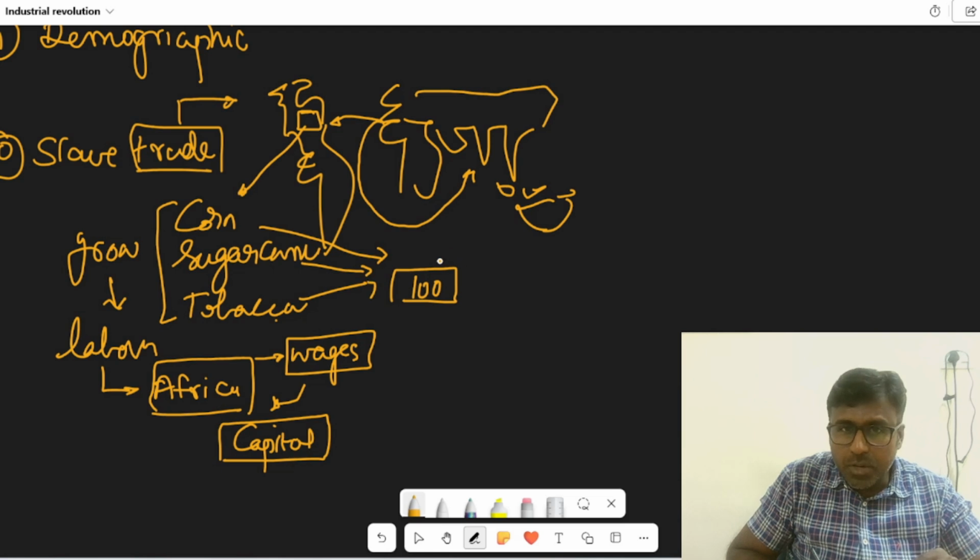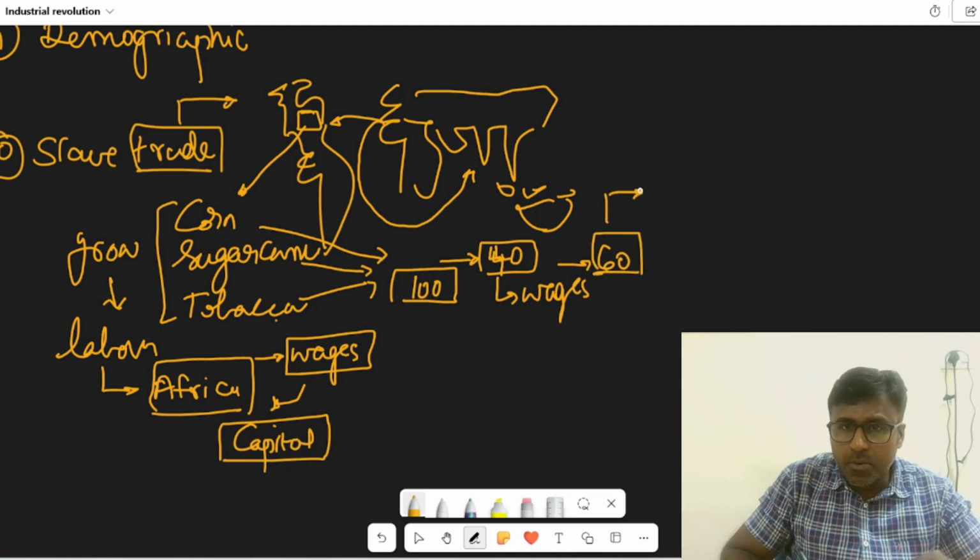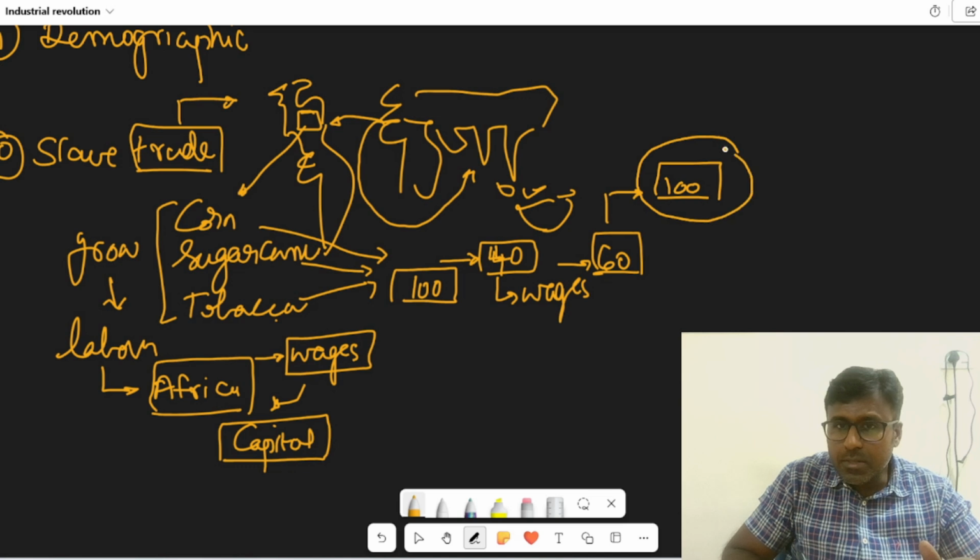But I have to give at least 40 rupees for wages. What happens is that I am left with 60 rupees. But what if the people are brought as slaves? I take 100 rupees. I don't spend anything. This is the capital accumulation, profit accumulation.